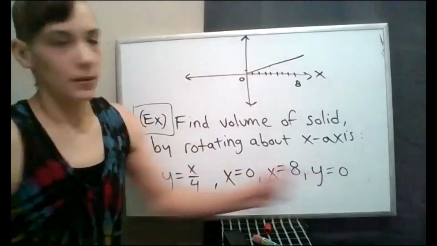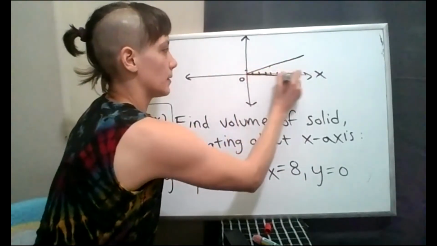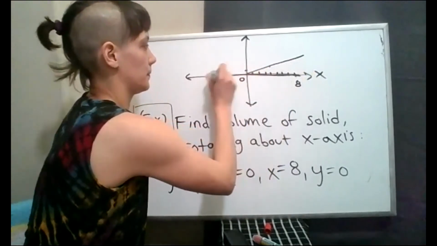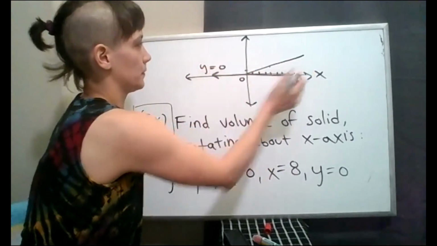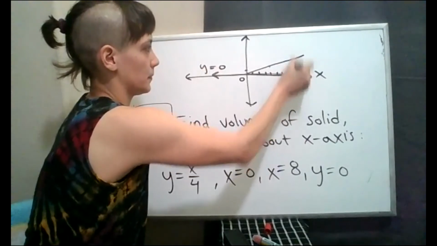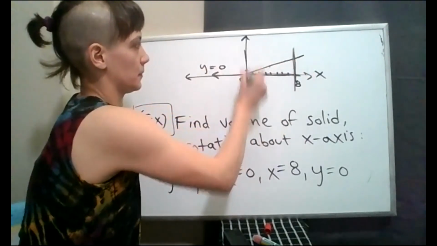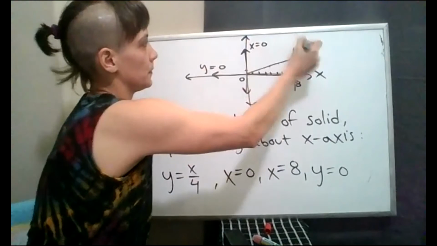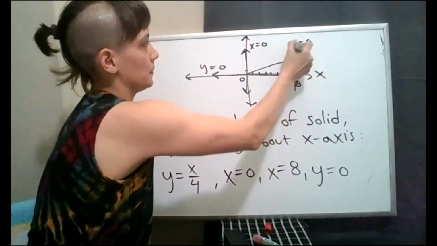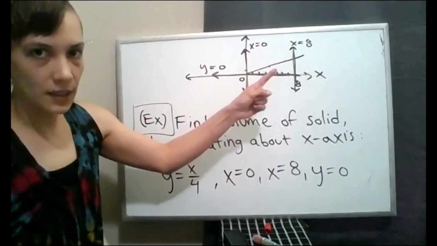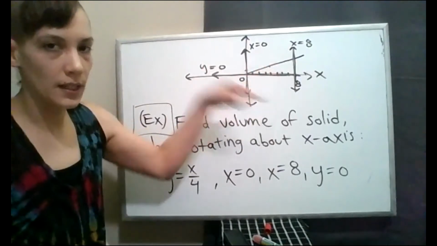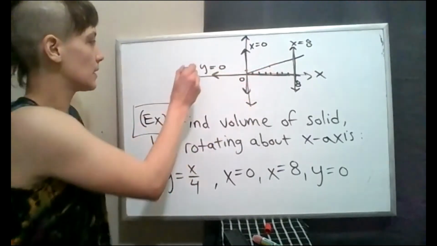And the line y equals 0, which is right here. So you're taking that triangle and rotating it about the x-axis.